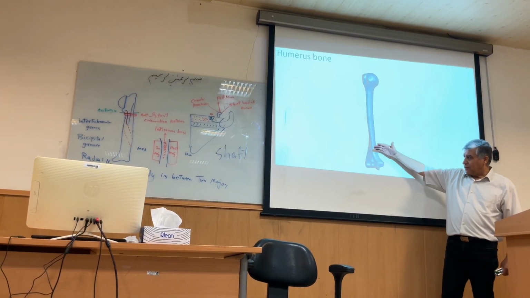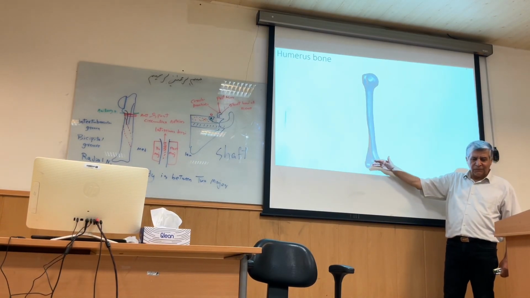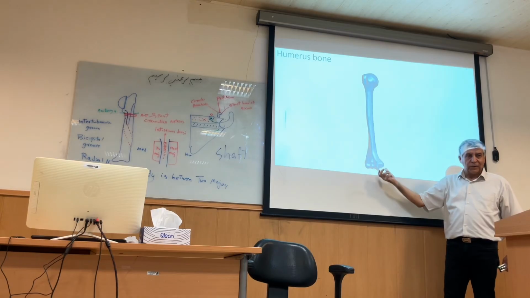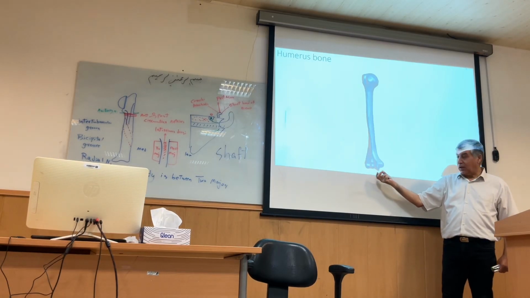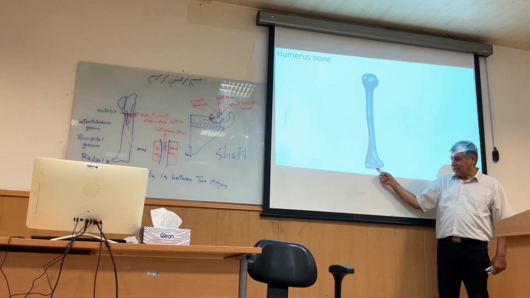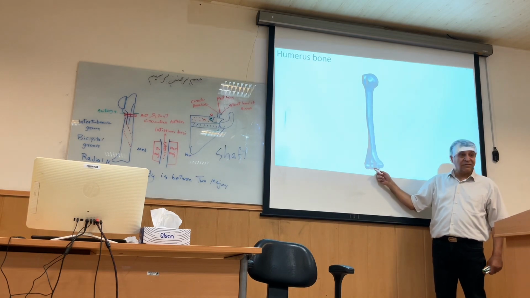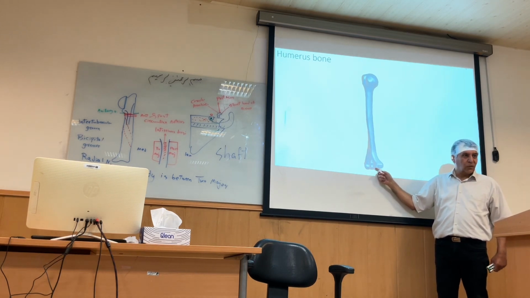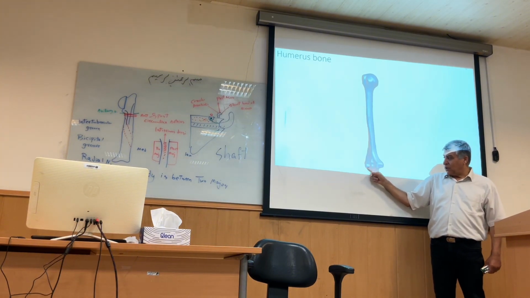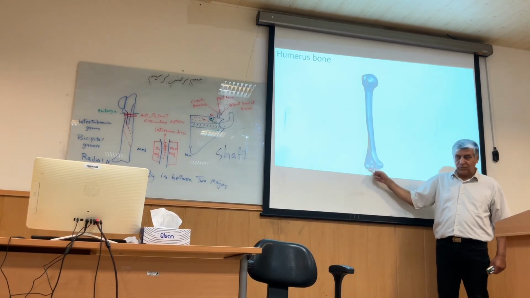Anterior surface of the lower part of the humerus, you can see this structure is like a trochlea. It is called trochlea, or trochlear notch. Lateral to it, you can see this prominent area called capitulum.